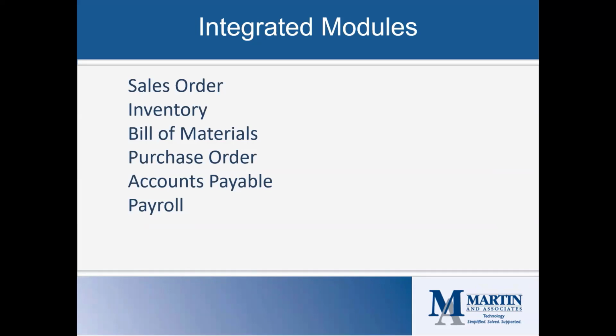Both systems are going to be able to interact with the purchase order module, so you can make on-the-fly purchase orders if you don't have quantity. You've got accounts payable features in both systems. Joe mentioned the direct cost, same thing goes for both operations management and production management, and the same payroll integration between the two.